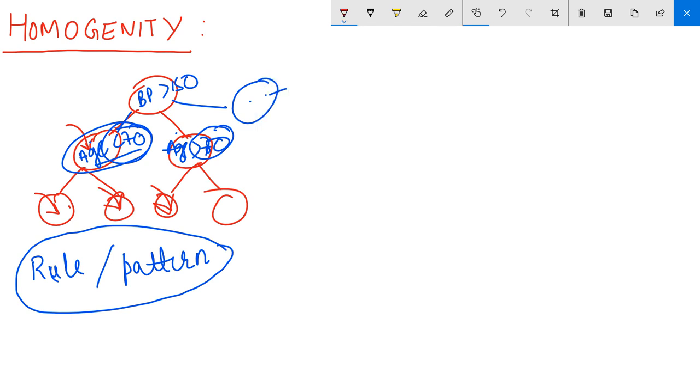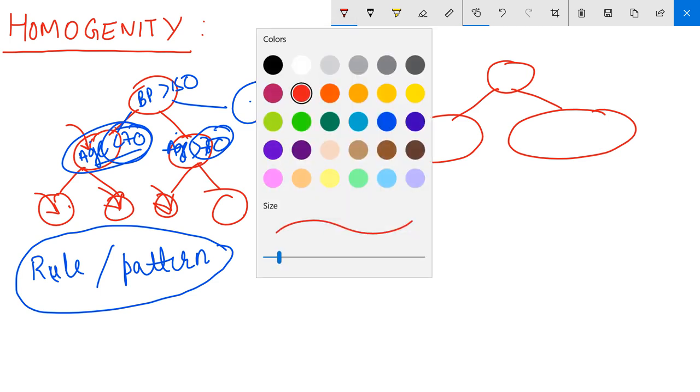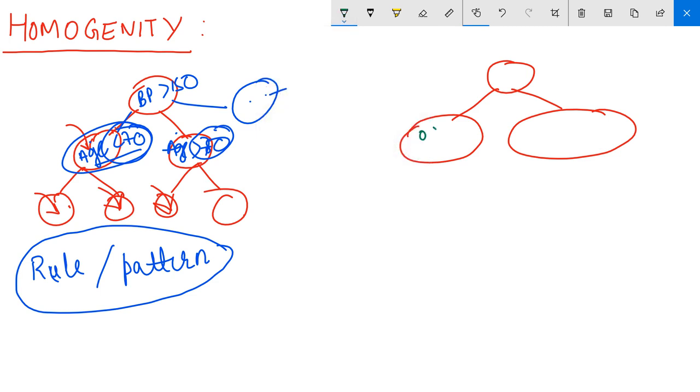So let's say we have a root here and it is further divided into two parts. It has some circles and it has some crosses. Okay, so guys, you can see in one leaf there are only circles, and in another leaf there are only crosses. So here we can say homogeneity equals 1, which is your maximum homogeneity.